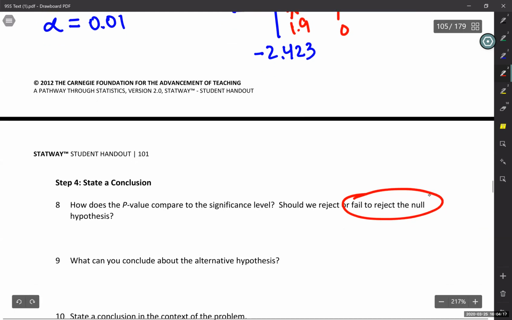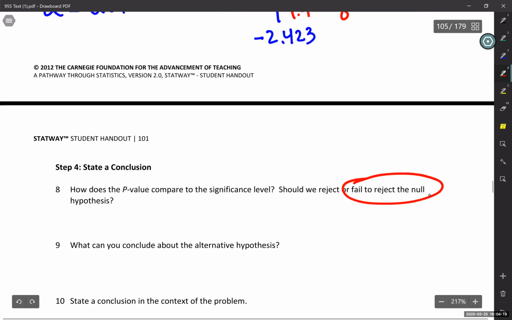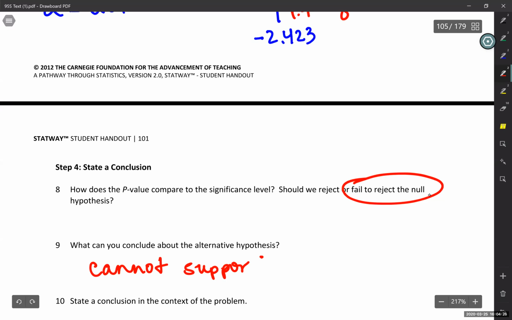And so what we have determined is that we cannot support the null. We cannot support the alternative. If we reject the null, like we did with the butterflies, then we support the alternative.